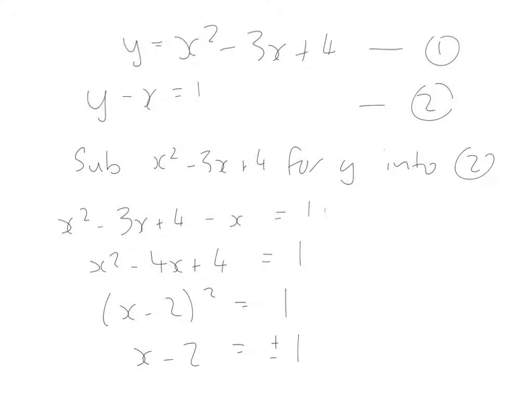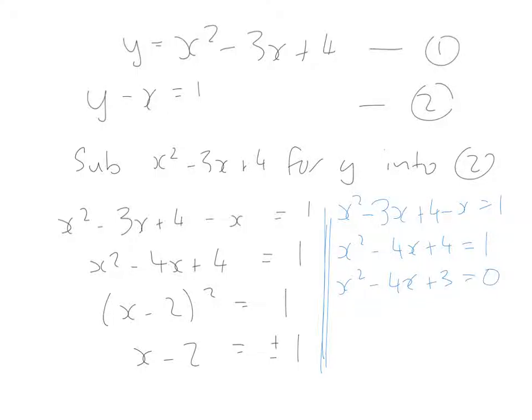Before I move on to the next slide, I should point out that alternatively, and maybe I should have, I could have gone x squared minus 3x plus 4 minus x equals 1, simplified to x squared minus 4x plus 4 equals 1, subtract 1 from both sides to get it into the general form of the quadratic, x squared minus 4x plus 3 equals 0, and then factorise that to x minus 3, x minus 1 equals 0, and then solve.